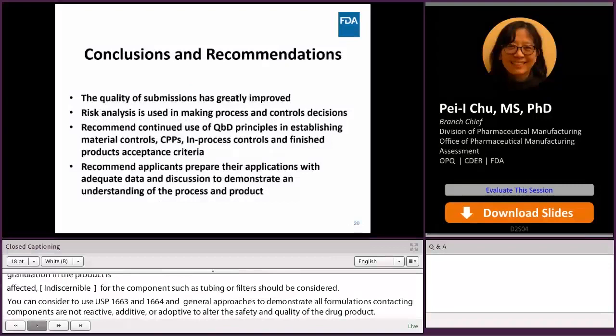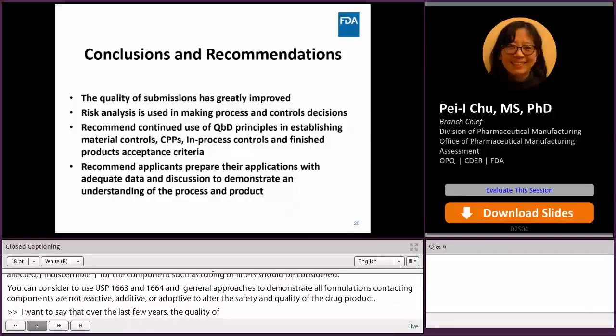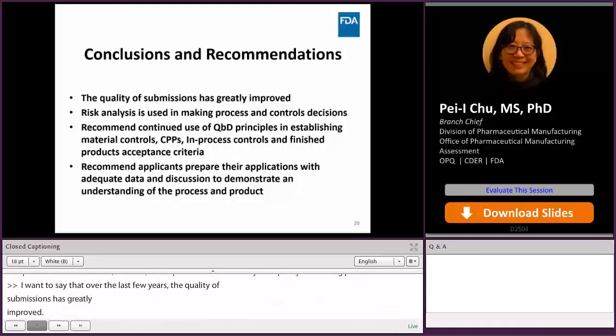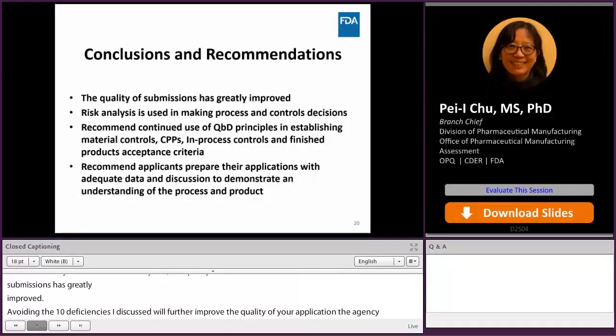I want to say that over the last few years, the quality of submissions we received has greatly improved. Avoiding the 10 most common deficiencies that I just discussed will further improve the quality of your application. The agency uses risk analysis to make process and control decisions.